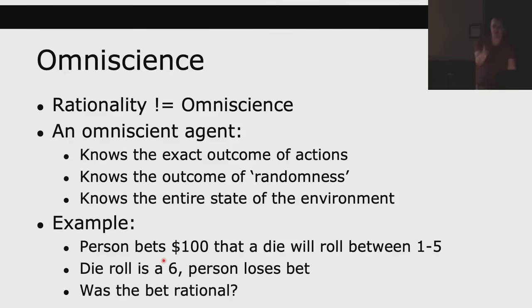Yes, you still made the best decision. Now, other life factors, if that was your last $100 and if you lose, you're going to sleep on the street, we're factoring that. Let's say you have infinite money, just expected value. But the bet was still rational because the expected value of that bet is very large.